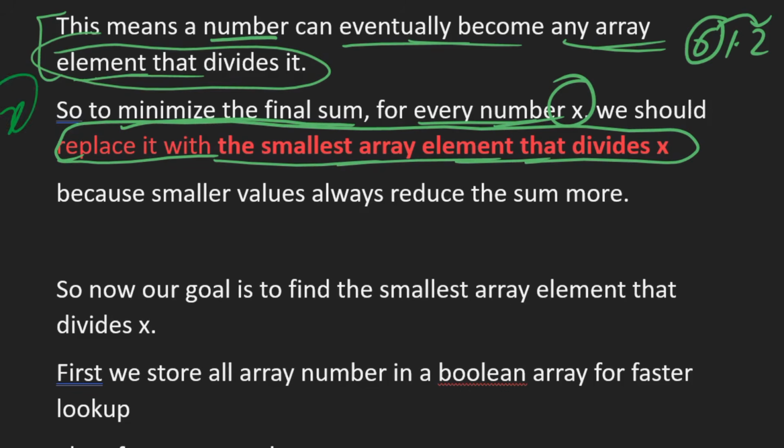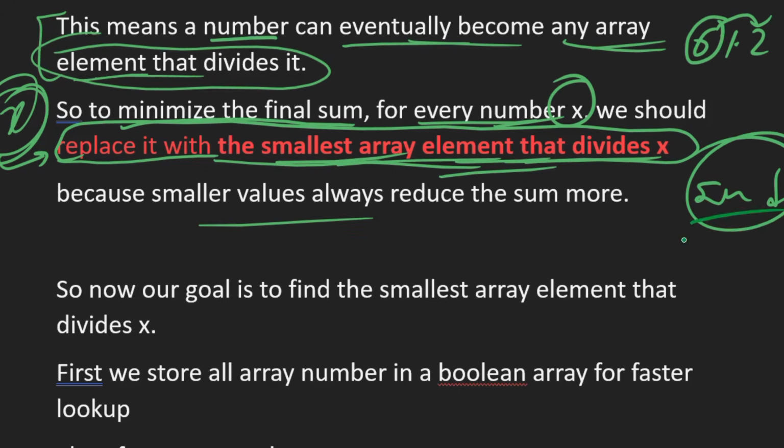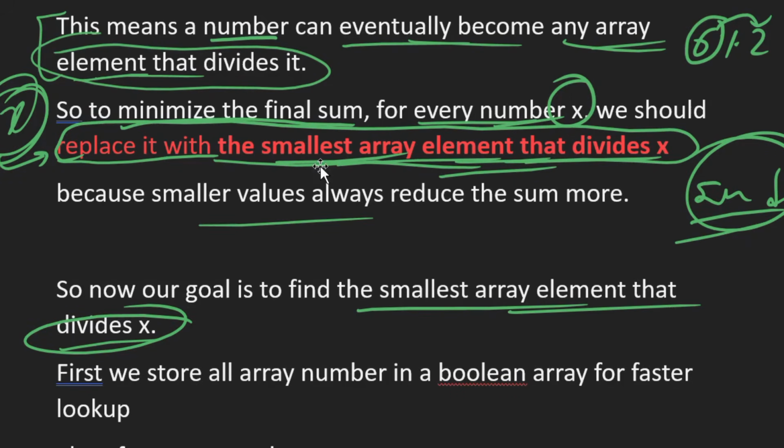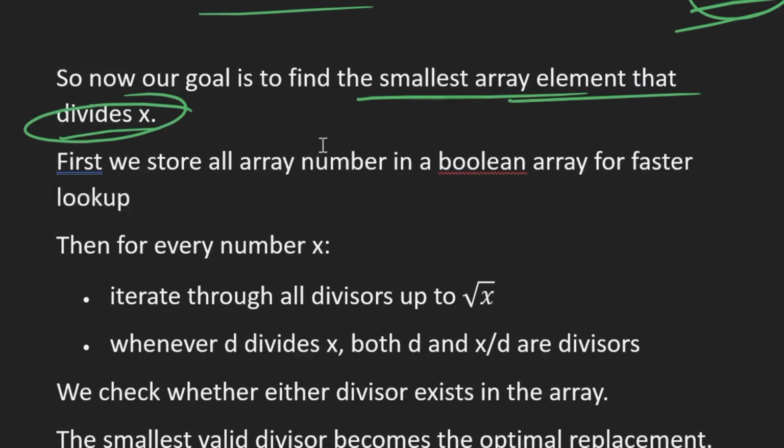Because if we take smaller numbers, then our sum will be reduced, it will become lesser, and that is our goal. So now our goal is to find the smallest array element that divides every number x. For every number x, we have to find the smallest array element which divides that particular number.